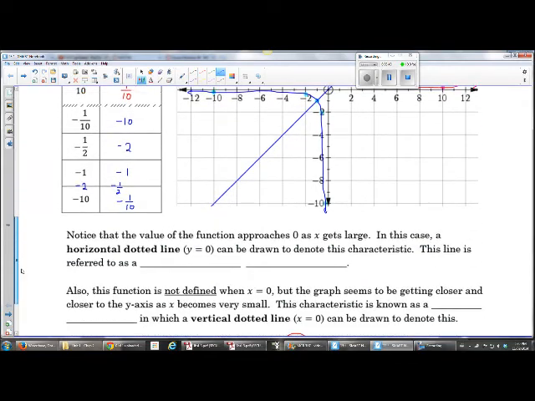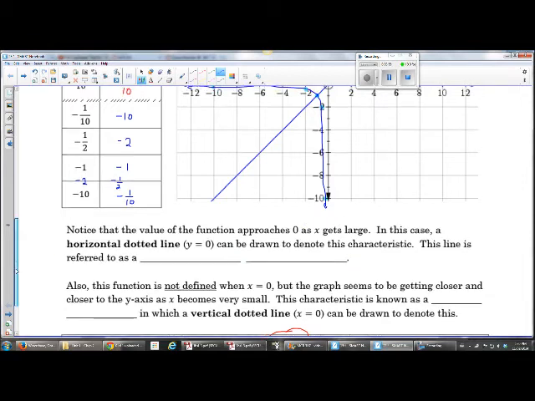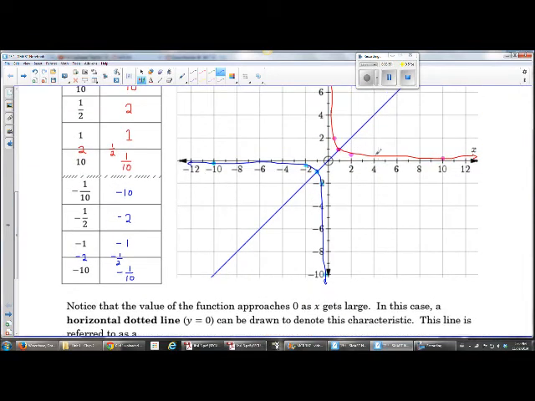Notice that the value of the function approaches 0 as x gets large. So as x gets really, really large, the function is approaching 0. When we talk about the function, we're talking about y values. In this case, we could draw a horizontal dotted line along here, which would indicate that the graph is approaching y equals 0.